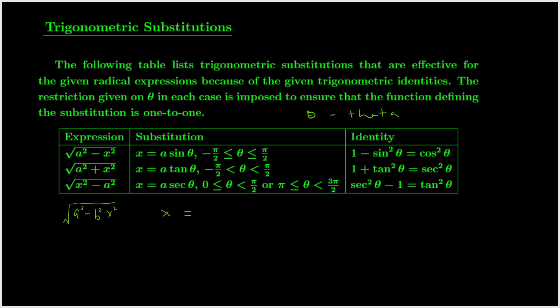You guys are smart, so anybody want to guess? It's some number times sine of theta. But if you have a b squared before x squared, the coefficient before sine of theta is a little different. The substitution we need is a over b sine of theta.